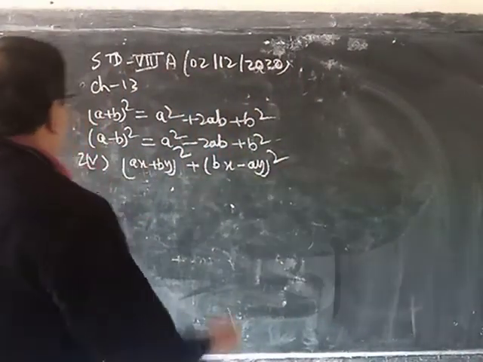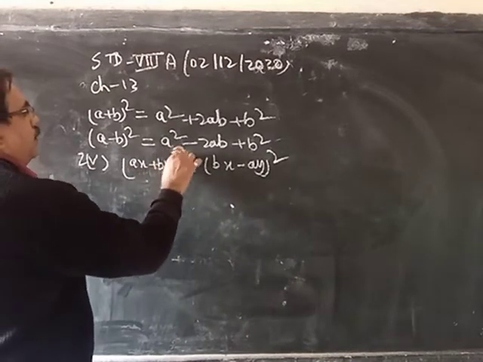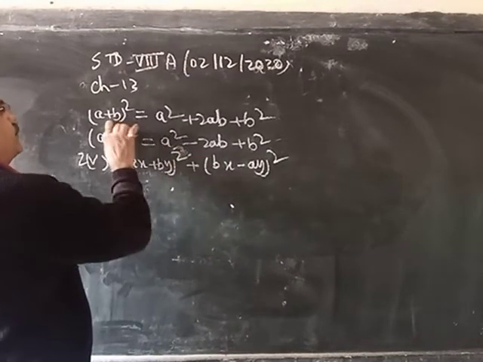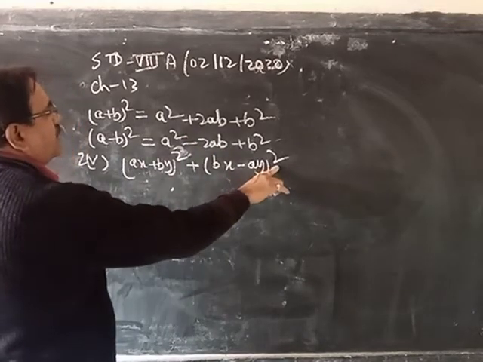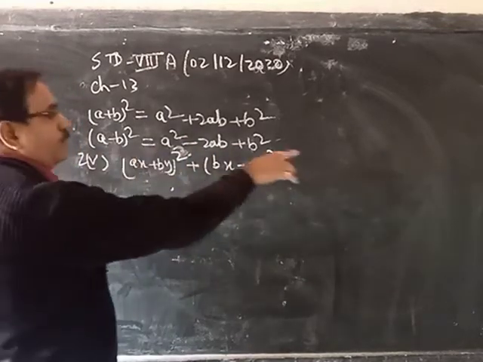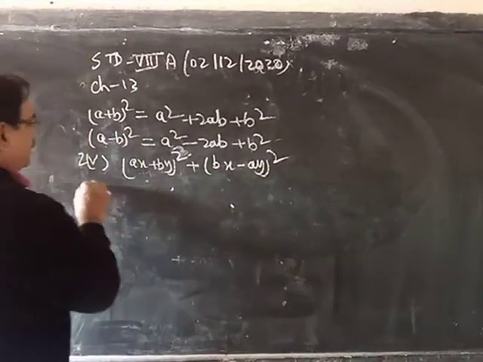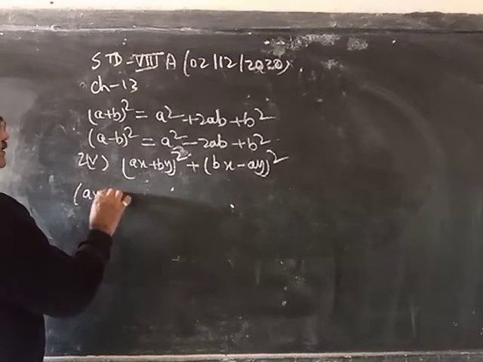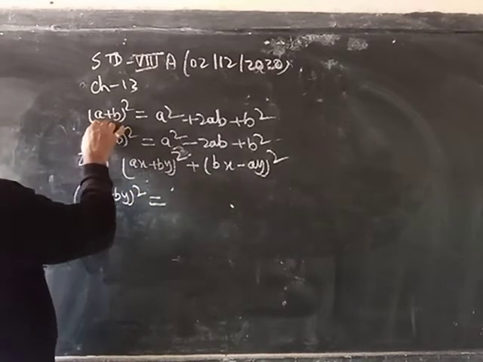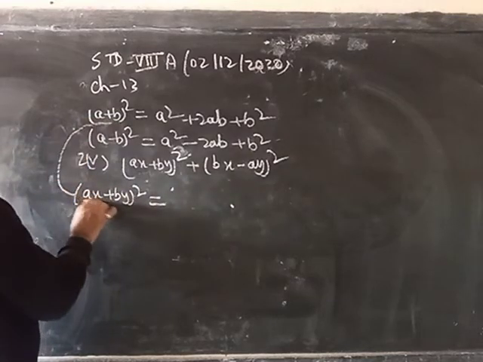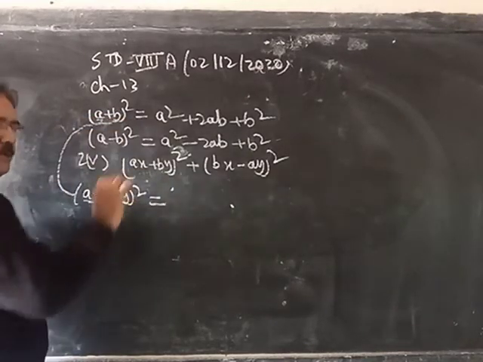When we see the question, ax plus by whole squared is based on a plus b whole squared, and bx minus ay whole squared is based on a minus b whole squared. So we will first expand this one, ax plus by. When we compare, in place of a there is ax, in place of b there is by.